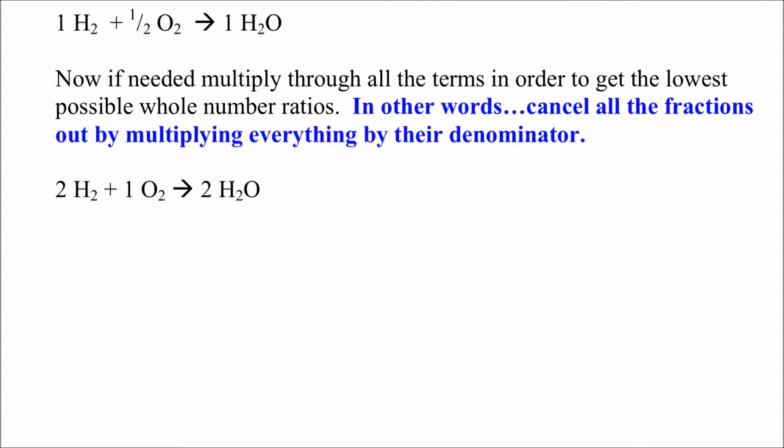So remember, if you have a fraction, you need to cancel out all the fractions by multiplying everything by the denominator. If you get multiple fractions, then just go through a little piece at a time and get rid of one of the fractions and get a new set of numbers, and then multiply by the other fraction's denominator and get rid of that one, and just go through and get rid of all of your fractions.